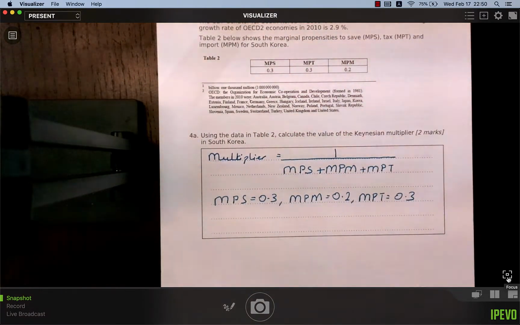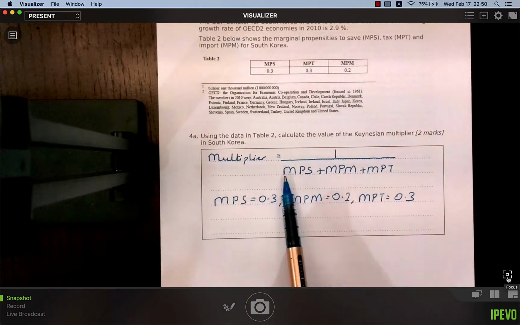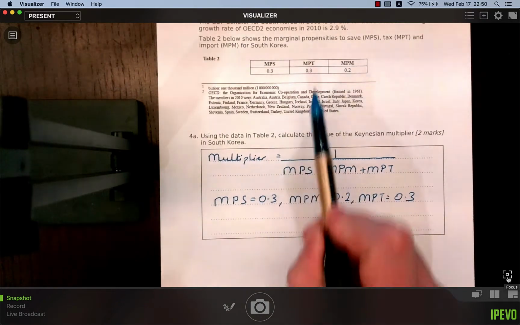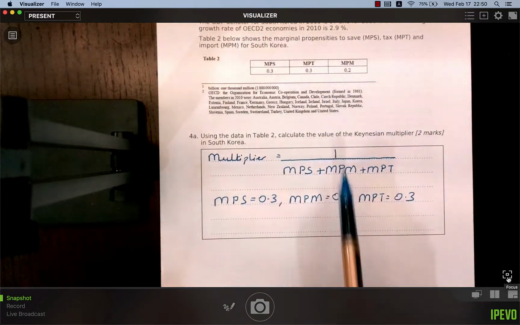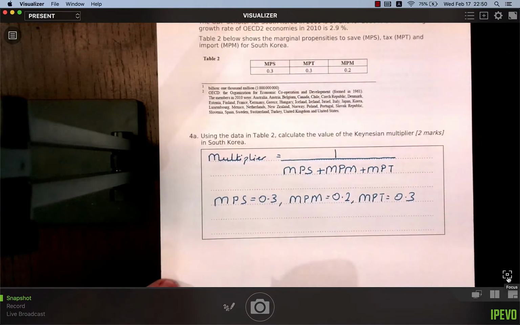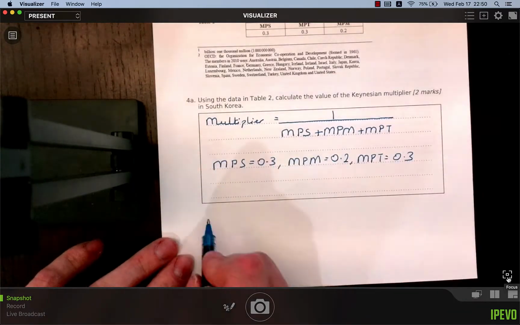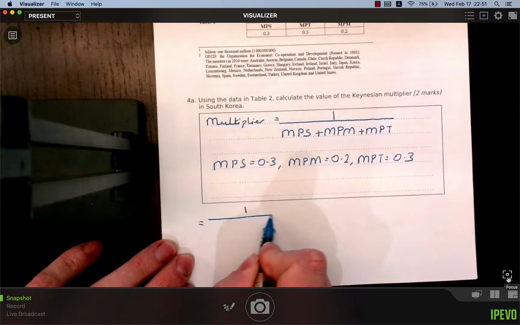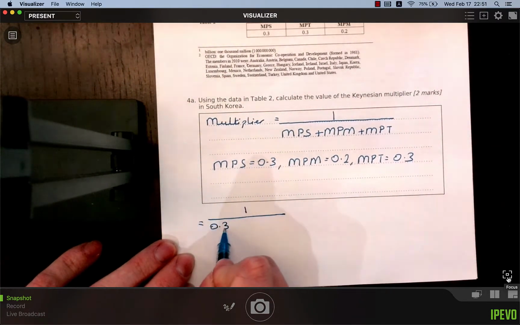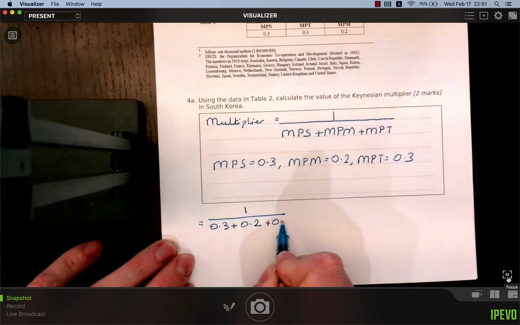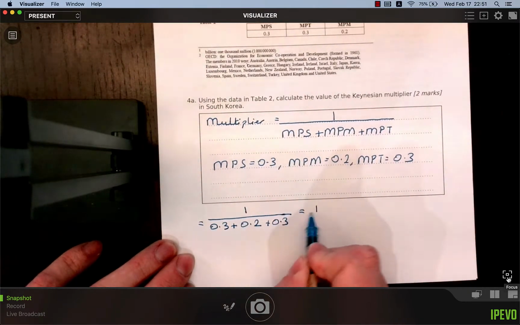Okay, well, the multiplier formula is thusly. The MPS taken from this is 0.3, MPM is 0.2, and MPT is 0.3. Now, if you'll forgive me, I'm just going to go below the writing here, and I'm going to write down what this equals. 1 over MPS 0.3 plus 0.2, that's 0.5, plus 0.3, which is 1 over 0.8.